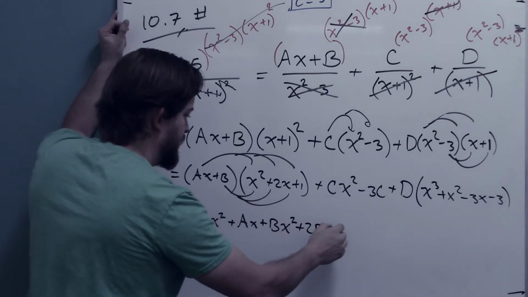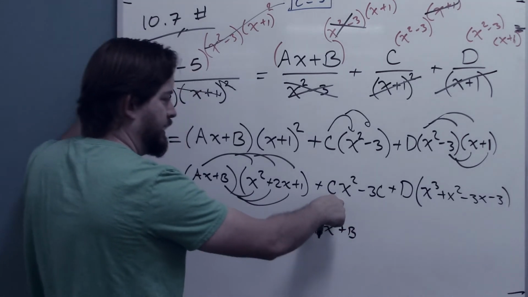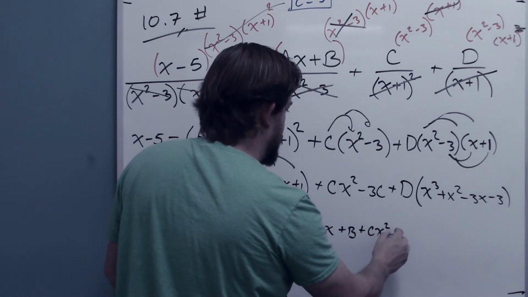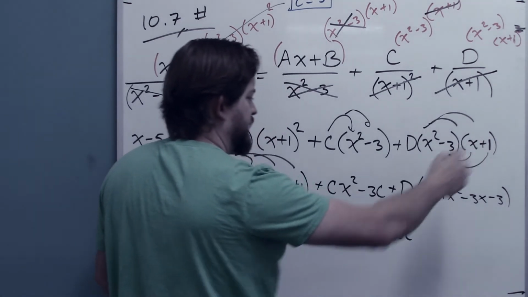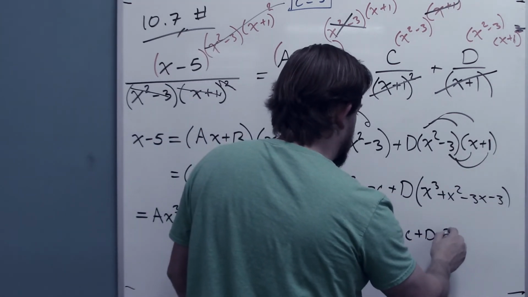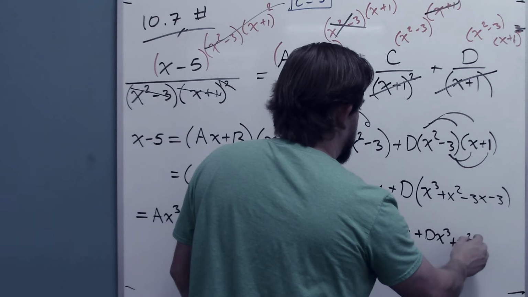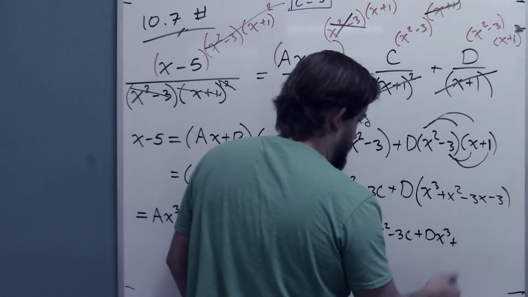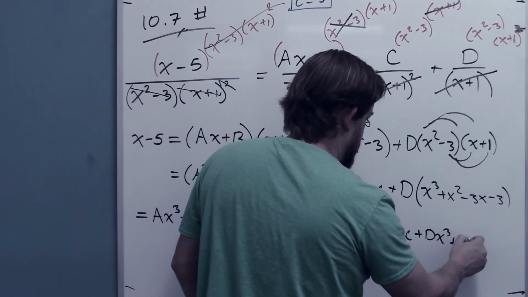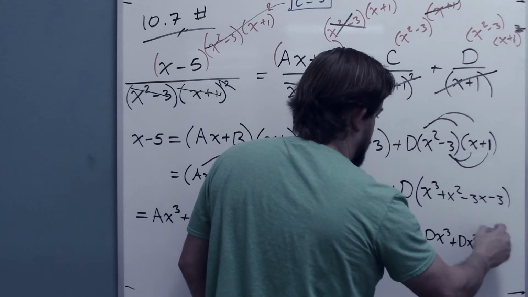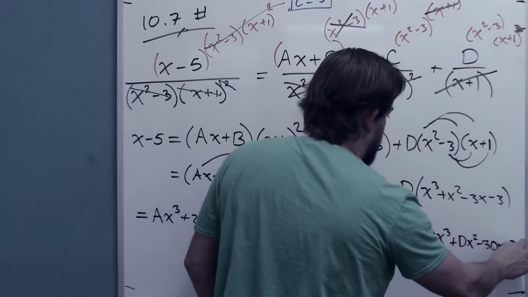And then b. And then my plus cx squared minus 3c. And then take that, throw the d through, plus dx to the third plus dx squared minus 3dx minus 3d. Okay?